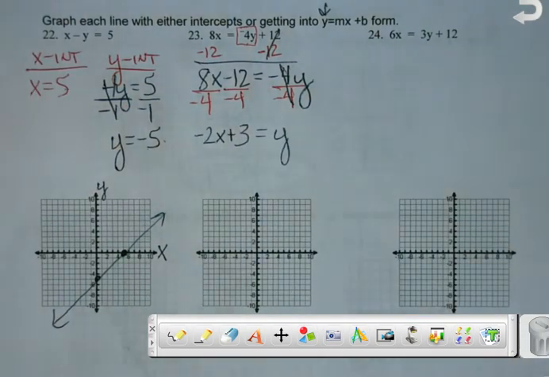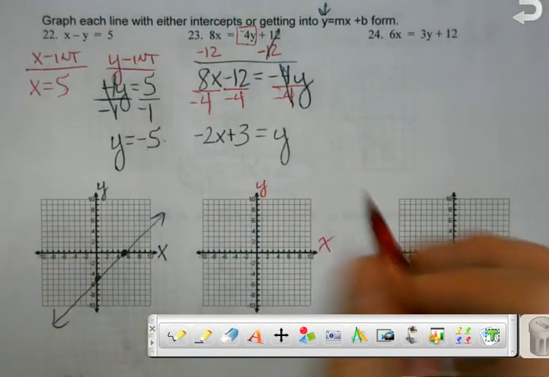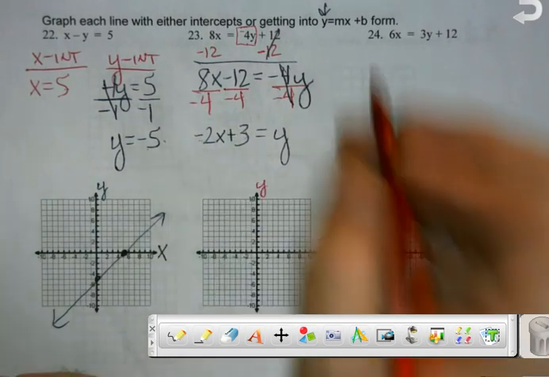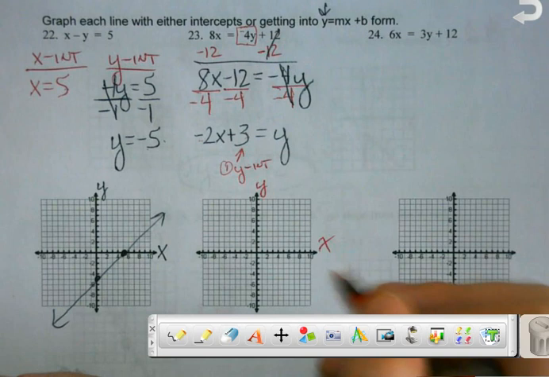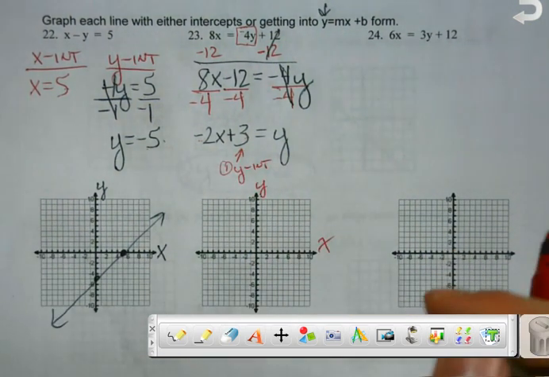And now I can use that equation to graph my line. So let's see, which one of those numbers is my y-intercept? So that's my y-intercept. If my y-intercept is 3, what direction am I going?